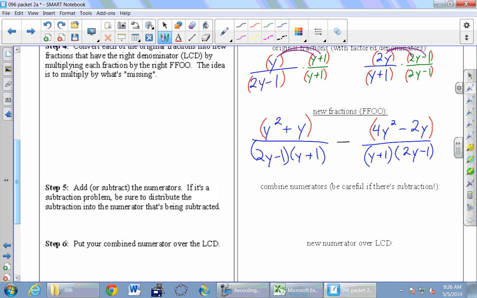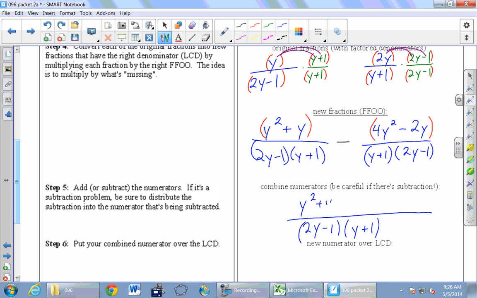What do we notice about these two denominators? They're the same, which means we can mush together the numerators. So one big fraction, 2y minus 1 times y plus 1. You can swap the order if you want. And then I'm just going to copy the stuff that's upstairs.